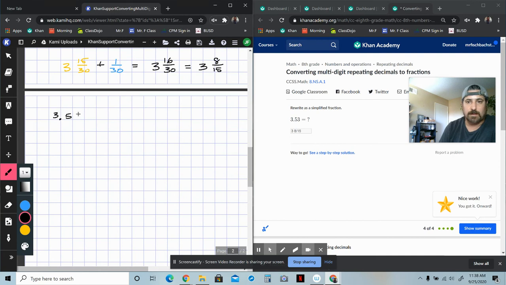So Kahn would basically say, you don't need to worry about the 3, so that's going to be 3 plus some fractional value. So what he's going to have you analyze is 0.53 repeating. And say you'd set that as x, let x equal 0.53 repeating. Because there's only one place that's repeating, we would do 10. So we're going to times it by 10.